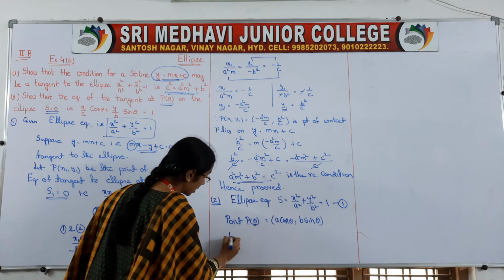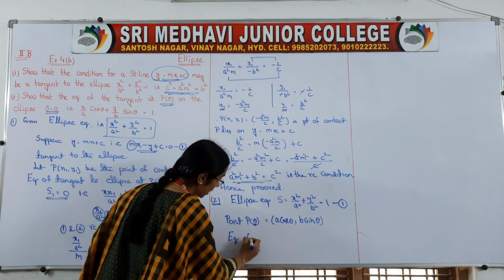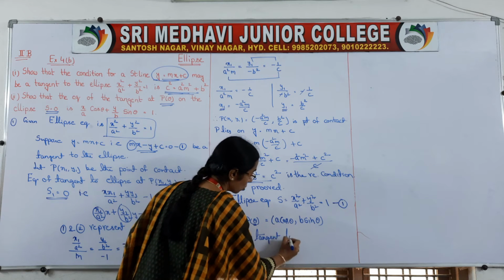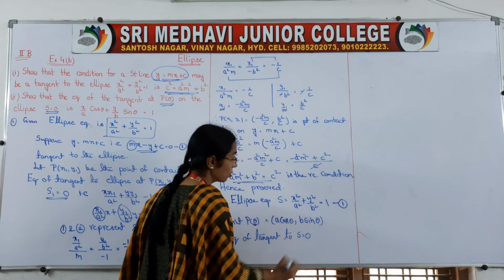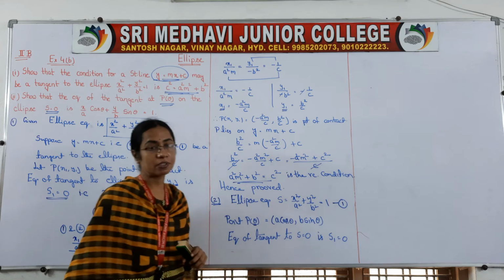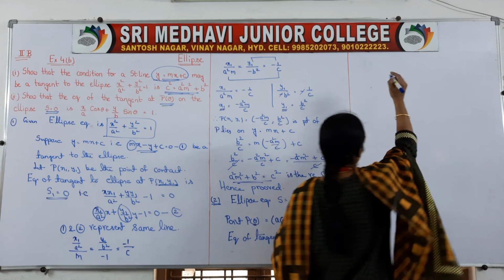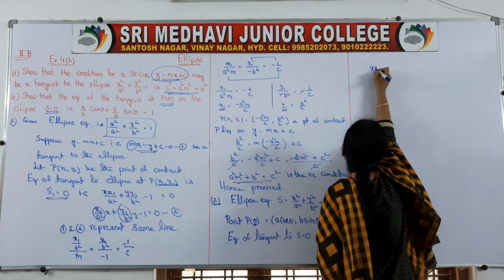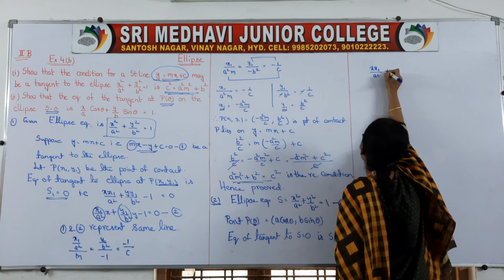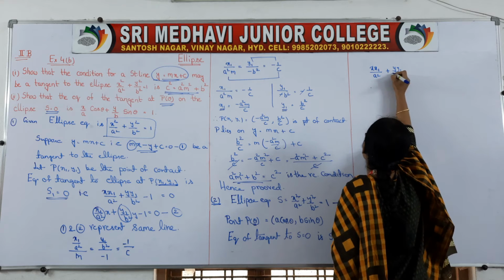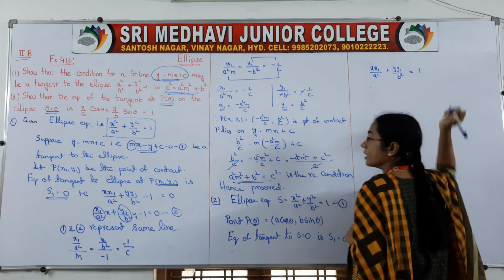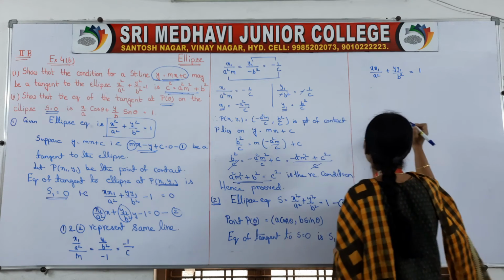So, the equation of tangent to S = 0 is S1 = 0. So what is S1? In the previous question we discussed, it is x1 by a square plus y1 by b square equals 1, the equation of the tangent.